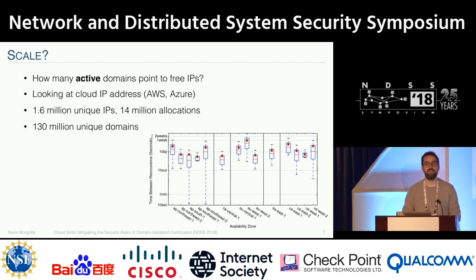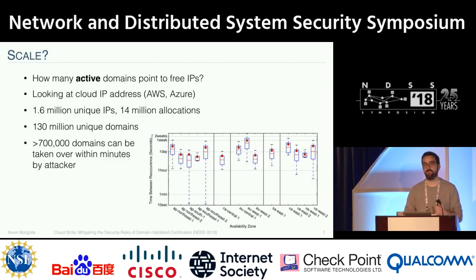And we then correlated this, looking at how many domains on the internet point to IP addresses in cloud providers which might be free. And there are 130 million domains that we've got over a period of 120 days that are pointing to cloud IP addresses. And over 700,000 of them can readily be taken over by an attacker.